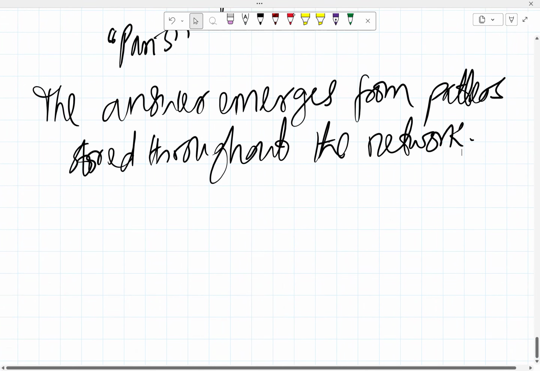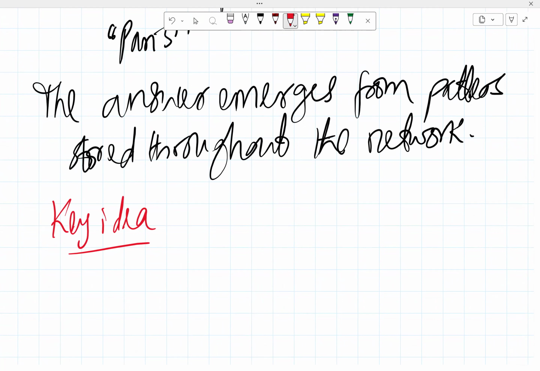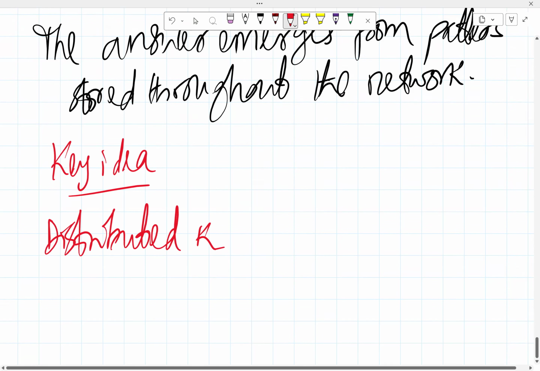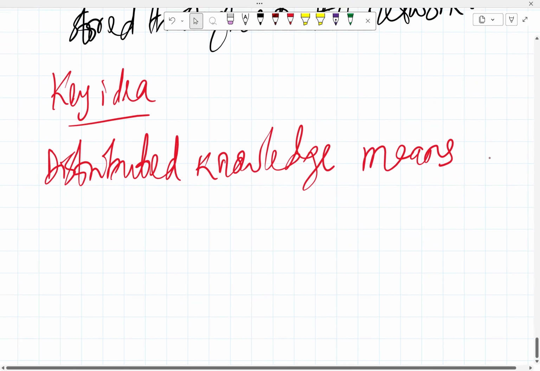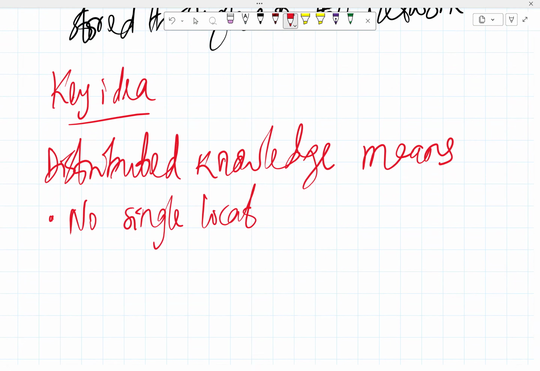Finally, the key idea we see here is that distributed knowledge means, first of all, no single location stores a complete fact.